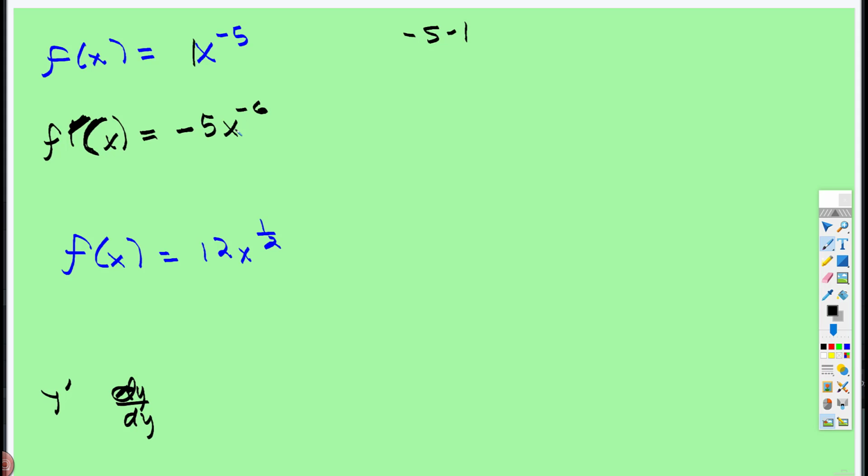And what does a variable to a negative exponent mean? It means x to the -6 you're going to rewrite in the denominator. The -5 stays there, but then we're going to rewrite x to the -6 as -5 over x to the +6.